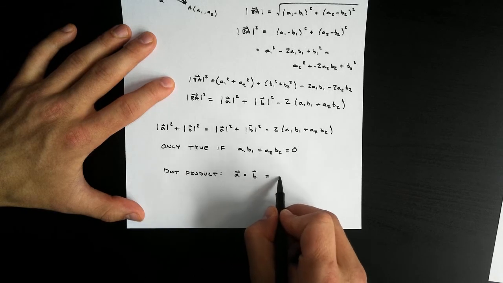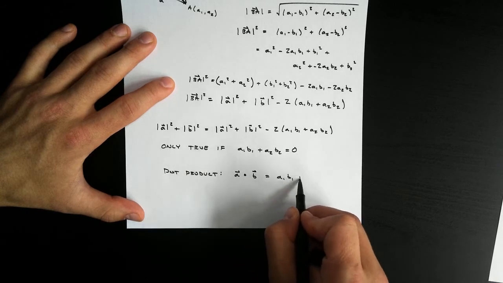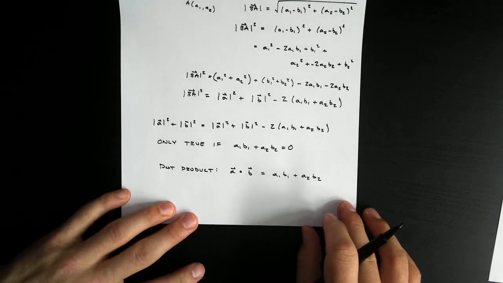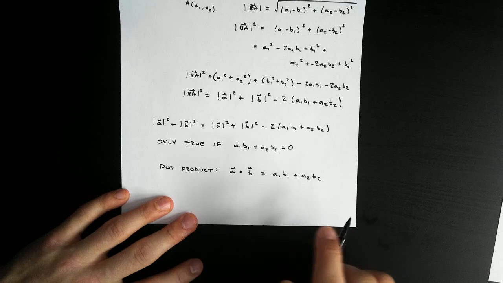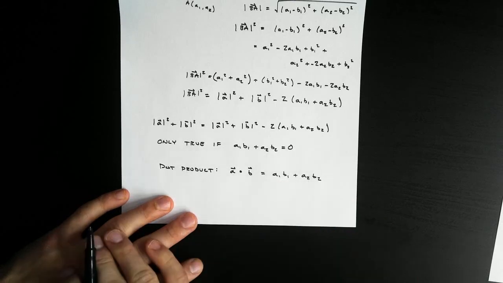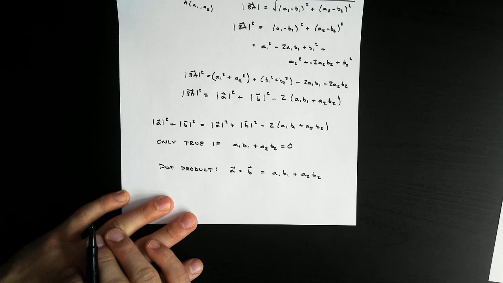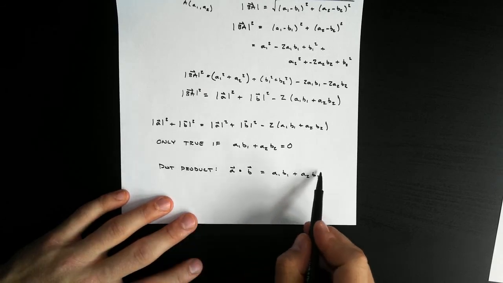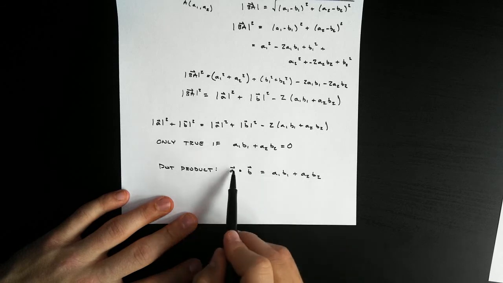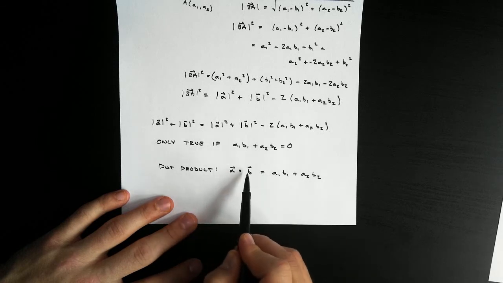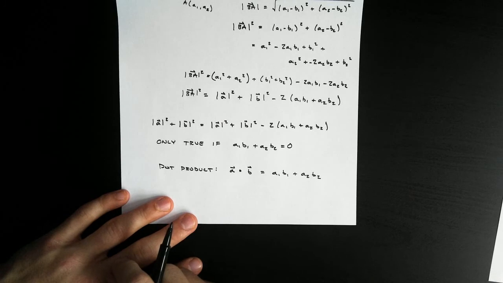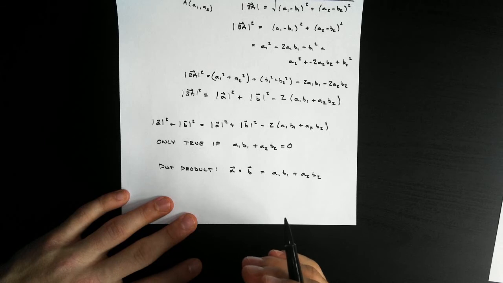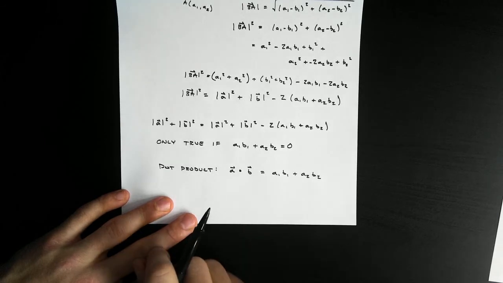But this is equal to a1 b1 plus a2 b2, where these are the components of my two vectors. So this is a new operation, and what it tells me is if this is equal to 0, I know that these two vectors are perpendicular to each other, or in terms of vectors, we would call that orthogonal. If this is not equal to 0, then they're not perpendicular and they form some other angle.